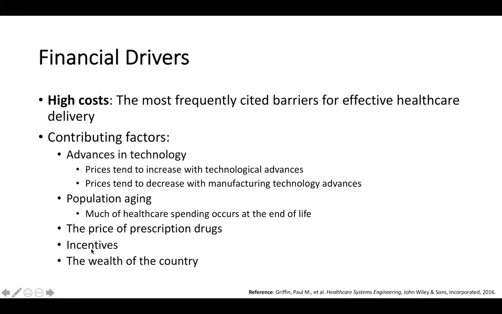Sometimes a lot of incentives that are provided also contribute to the high healthcare costs. For example, incentives that the government provides for going and doing vaccination, or that the healthcare system provides for doing some monitoring on the health condition, so they can detect some types of cancers a lot sooner.